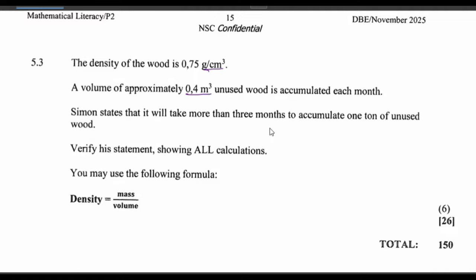What are we looking for? It says that Simon stated that it will take more than 3 months to accumulate 1 ton. When you look at 1 ton, we are looking at mass, which is going to be, if you are to look for mass, it will equal density times what?